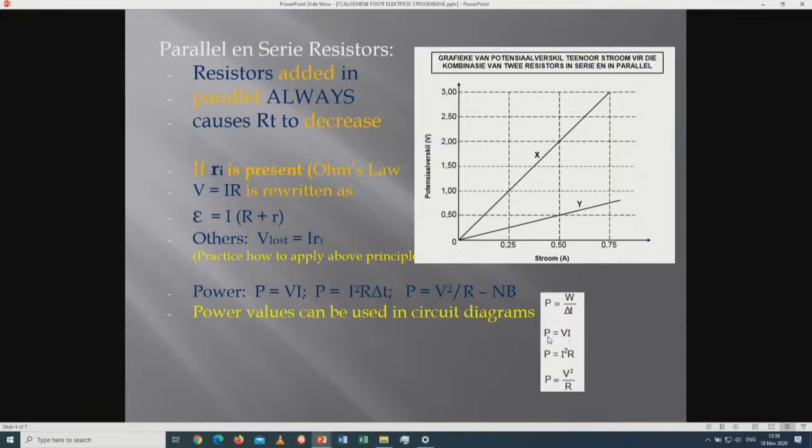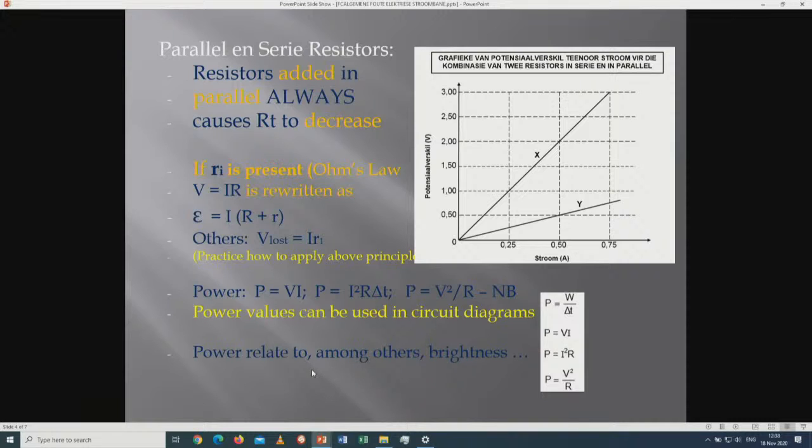Say for instance they give you the power generated by a certain heating resistor, and maybe the potential difference, then you can calculate the current through that specific resistor. Or the current is given, then you can calculate the potential difference. So please keep these formulas for power in mind when they give that information to you in solving a circuit diagram.